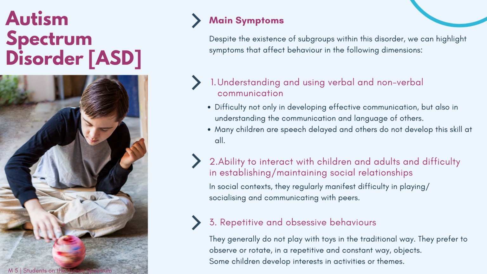Furthermore, many of them have speech delays and others do not develop this competence at all. In these situations, it is important to use resources such as images, photographs, and gestures, for example, as a way of stimulating this competence. Ability to interact with children and adults, and difficulty in establishing or maintaining social relationships.